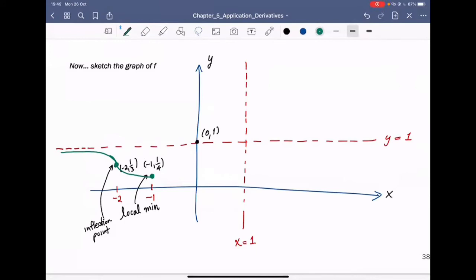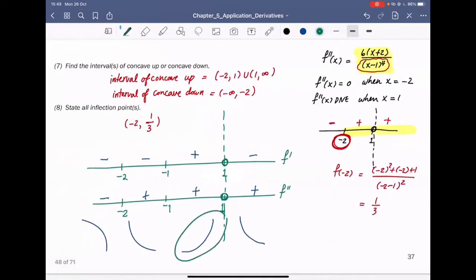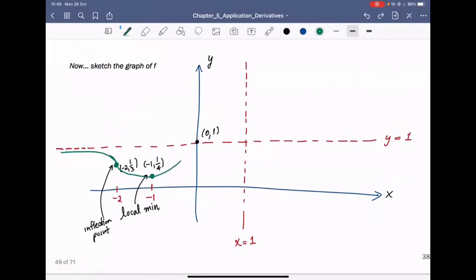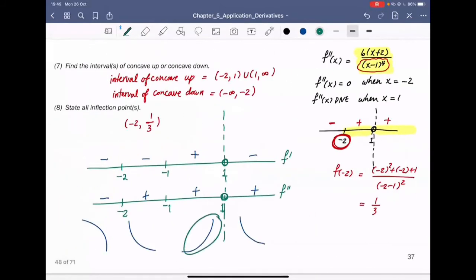All right, next, from -1 to 0. Increasing concave up. Easy. This is just 0, but as x goes to 1, the graph just needs to keep going and concave up.